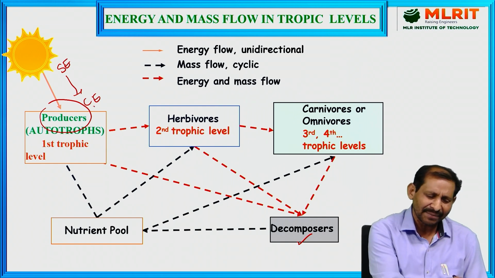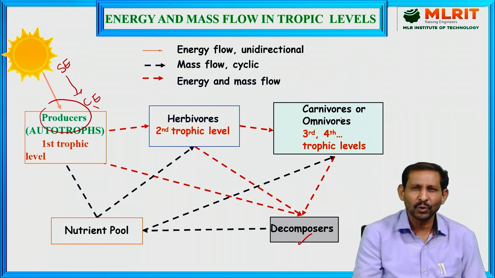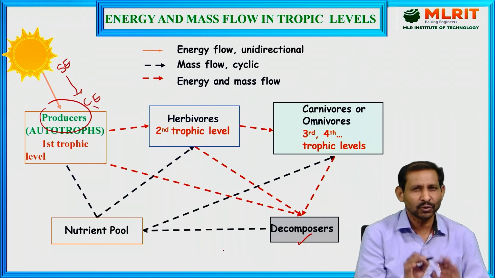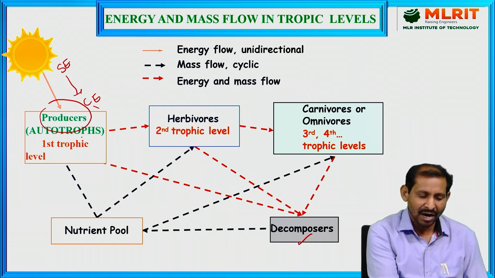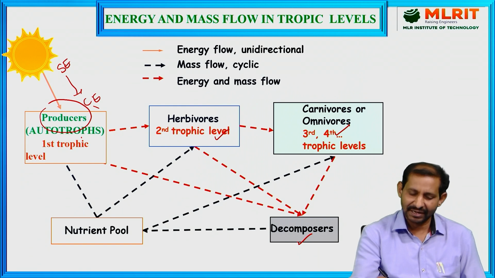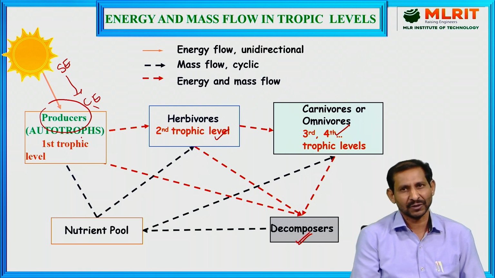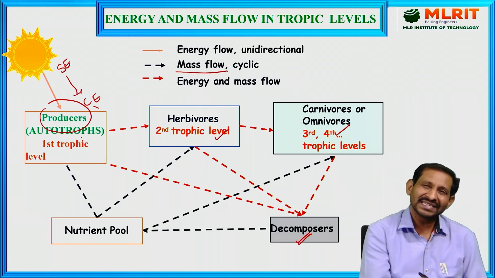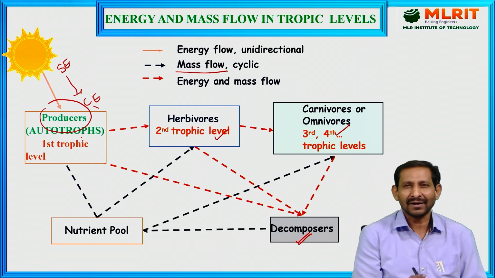This chemical energy is transferred only unidirectionally; there is no cyclic way. From the autotrophs to the primary, secondary, tertiary, or quaternary level, and finally to the decomposers. But mass flow is cyclic, not unidirectional.